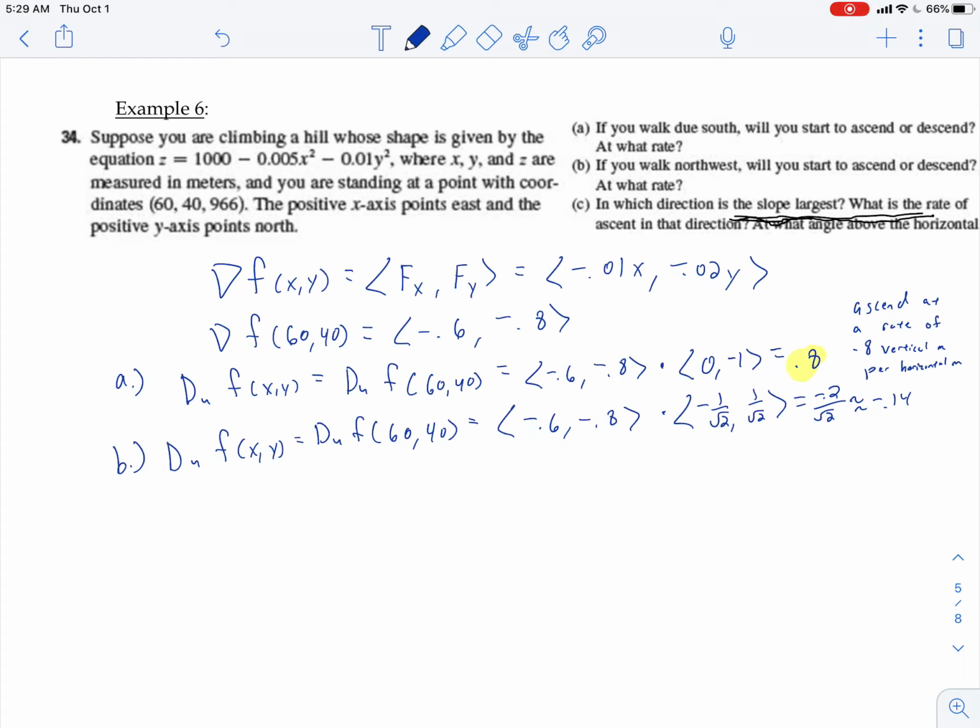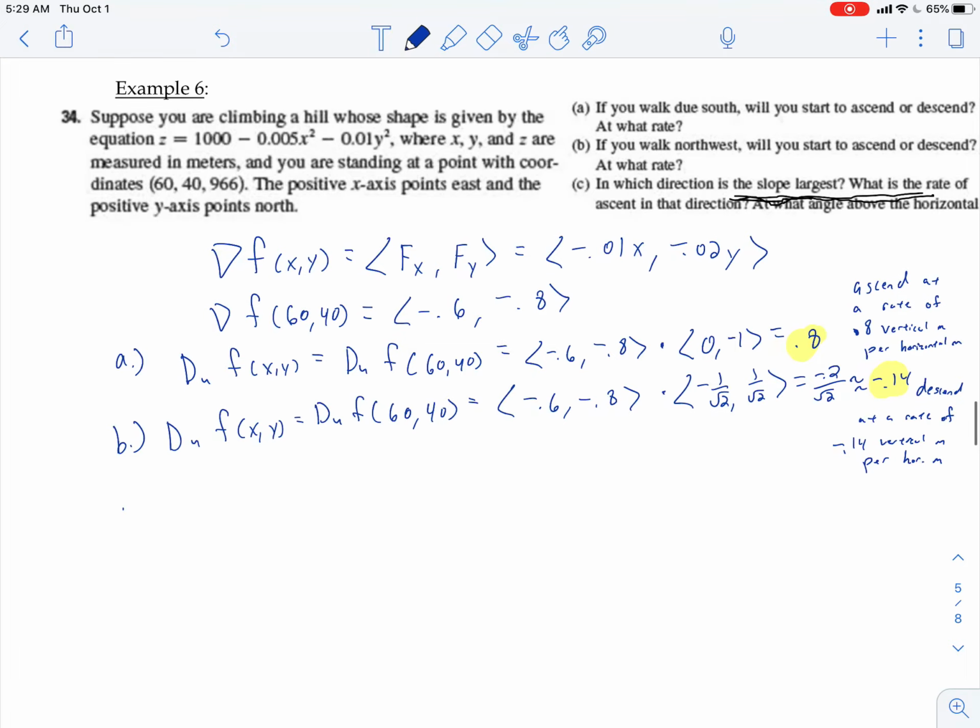So as we are traveling due northwest in the direction of the unit vector, we are going to descend at a rate of negative 0.14 vertical meters per horizontal meter.